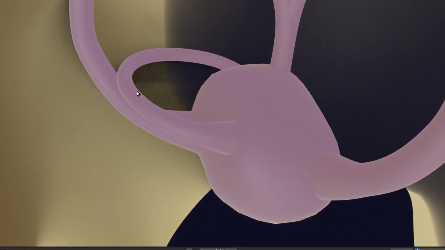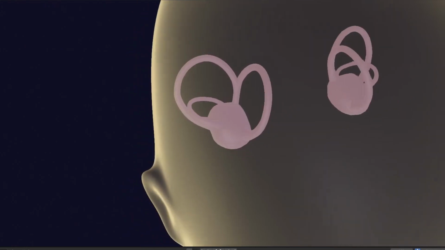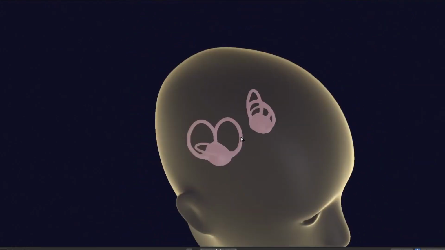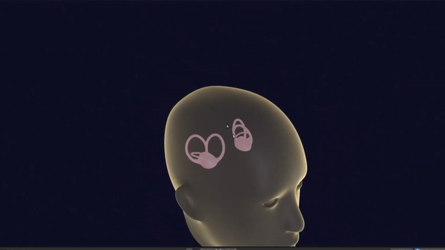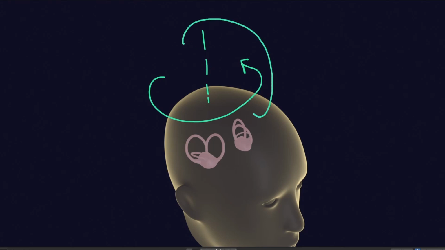This one here is the transverse or horizontal semicircular canal, and as the head rotates along its z-axis, this one, this is the z-axis, as the head rotates along this axis, it is the horizontal canal. And of course, as the head rotates along this axis, it is the anterior or superior semicircular canal.